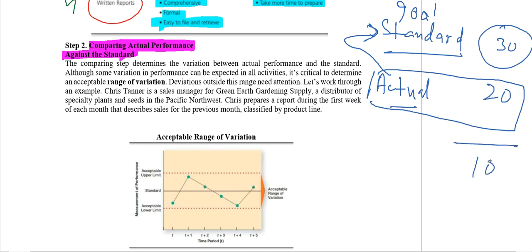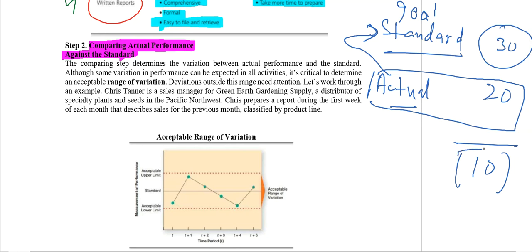So there is a difference of 10. So this 10 difference is the variation of actual performance from the goal or standard performance.